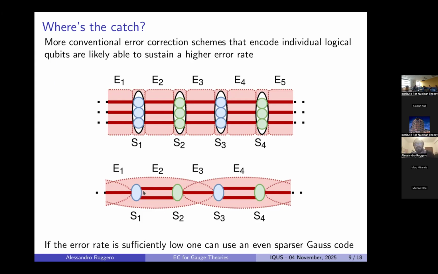So in this situation here, we use doubled links. One can show that we can sustain a single error happening anywhere between two sites and the links attached to them. If there is one error anywhere here, we can fix it. If there is more than one error anywhere here, then we are not going to be able to fix it.